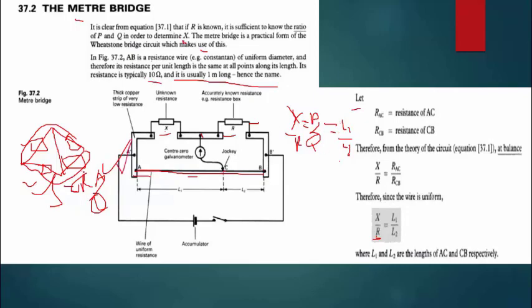Otherwise cross sectionally the same, resistance is the same. So R is equal to resistivity times L over A. So putting here resistivity, L over A, resistivity and area cancel, so we remain with length 1 over length 2.